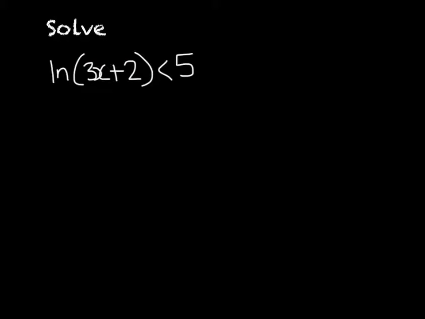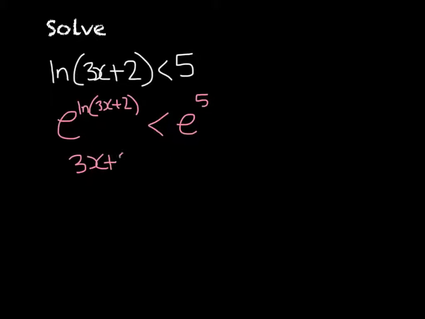Solve. ln of 3x plus 2 is less than 5. So I'm going to raise e to the power of both sides. And now using the inverse property of logarithms, I'll have just 3x plus 2 on one side and e to the 5 on the other.